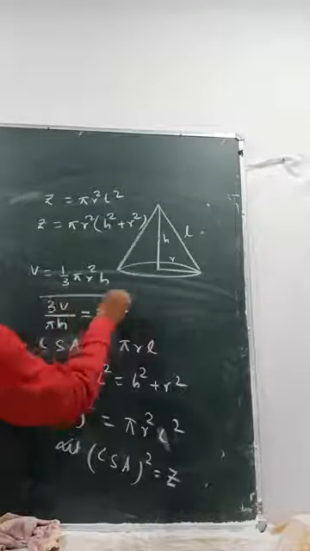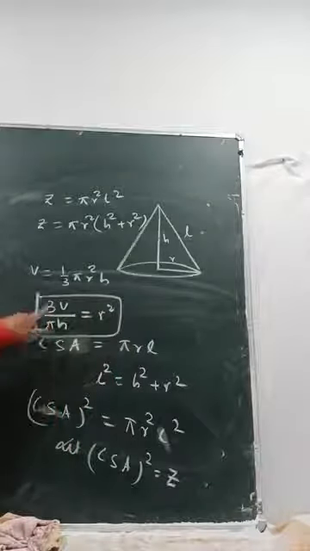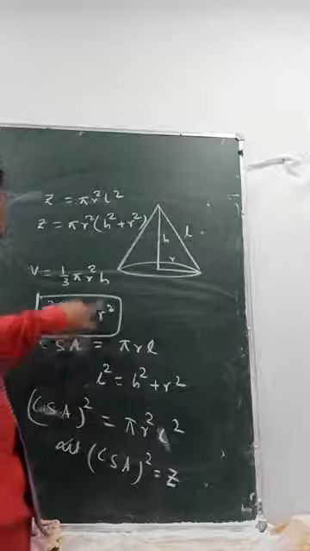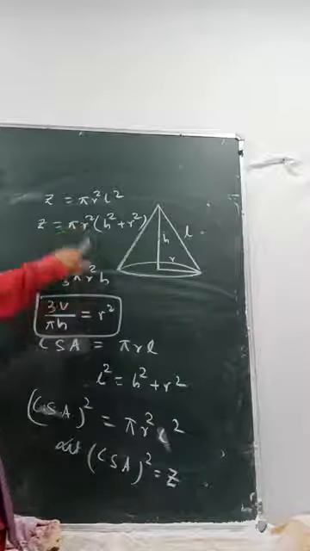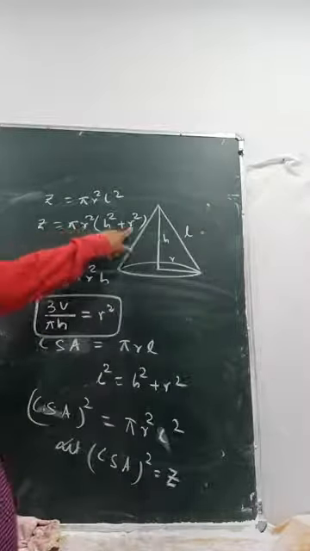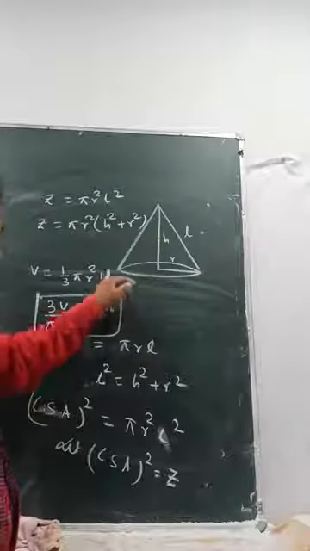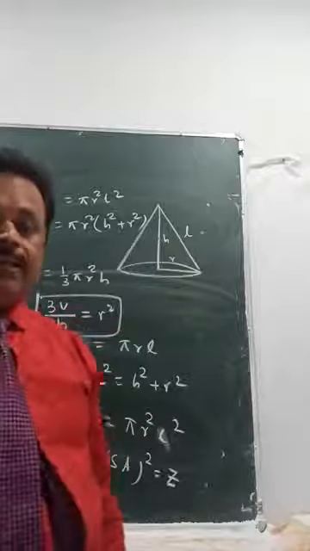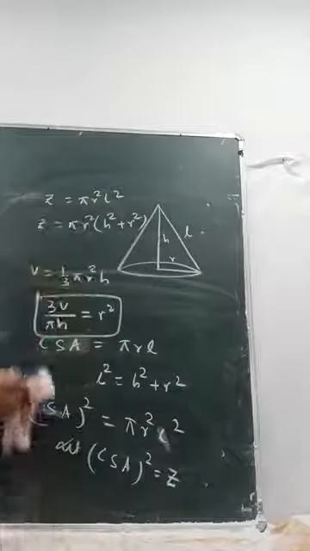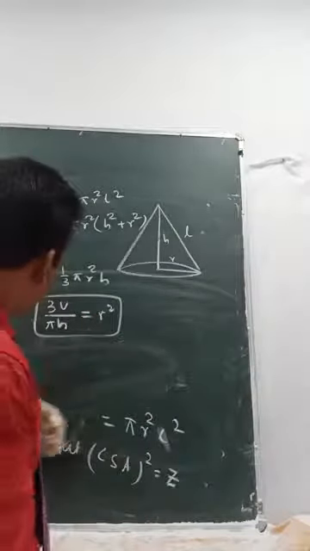Let's keep this one in the box. Important point, this one. So now in place of r square, you can put this value. 1 r square is here, 1 r square is here. So these are the clues. If you don't use it, then your derivative will be very complicated.